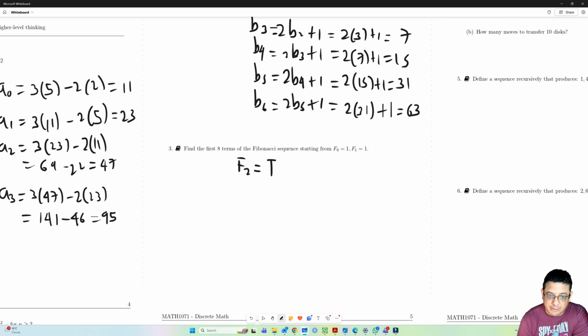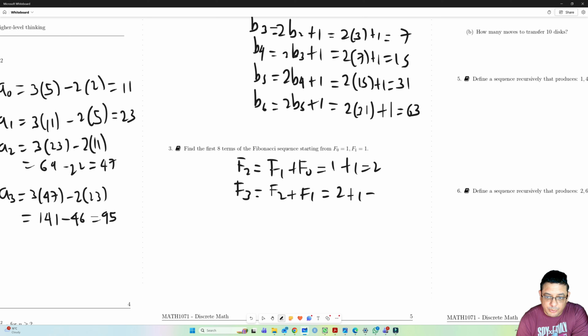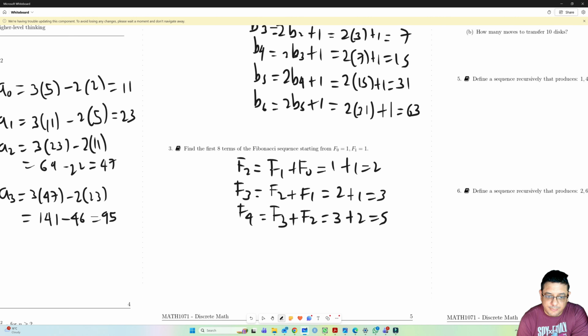So F2 is going to be F1 plus F0, which is 1 plus 1 is 2. F3 will be F2 plus F1, which will be 2 plus 1 is 3. F4 will be F3 plus F2, which will be 3 plus 2, which is 5.